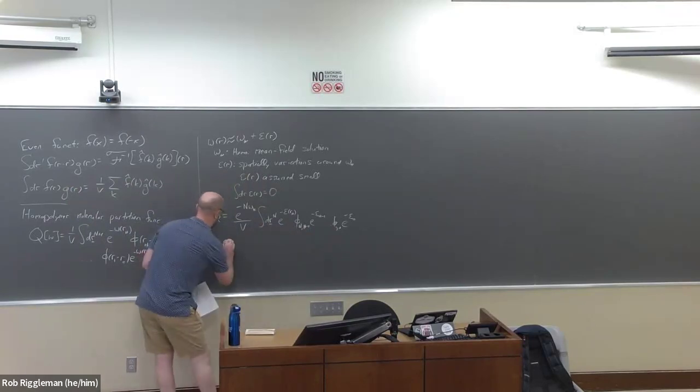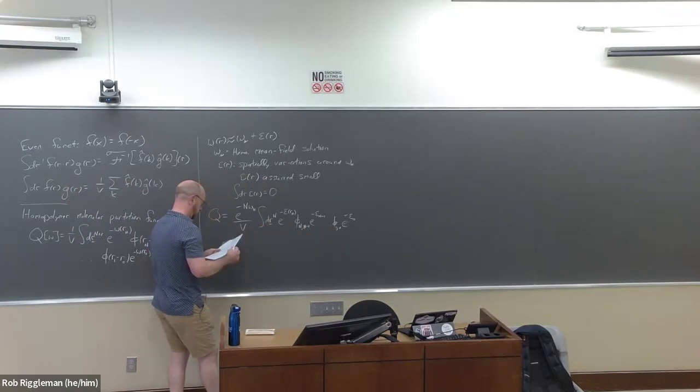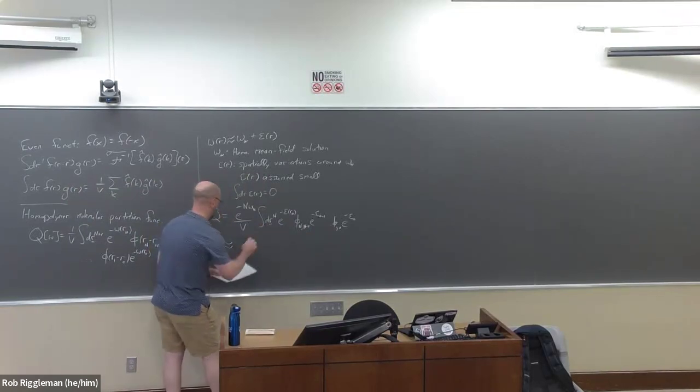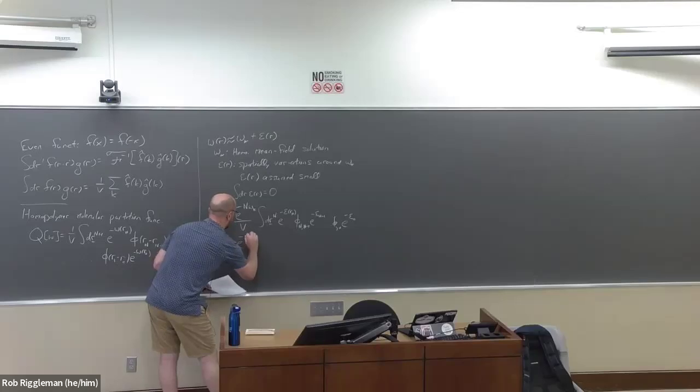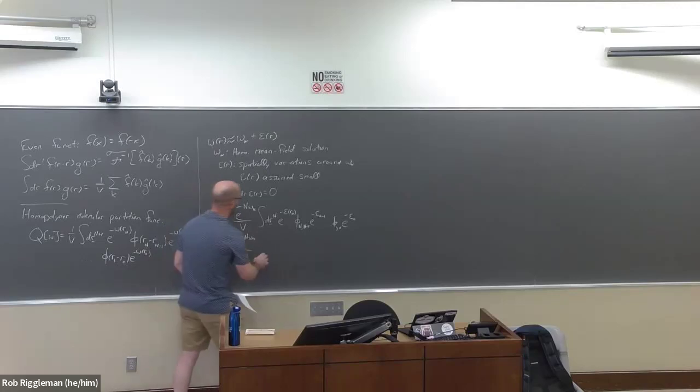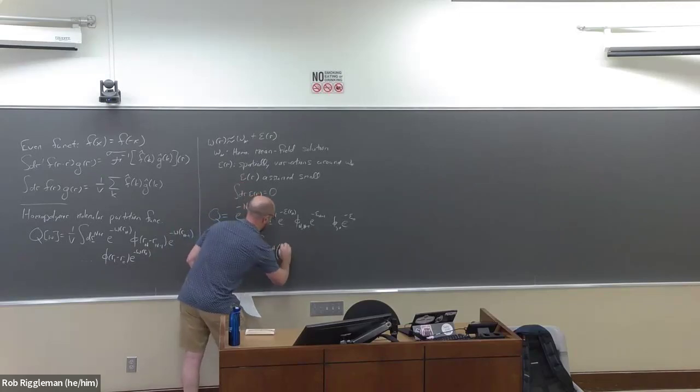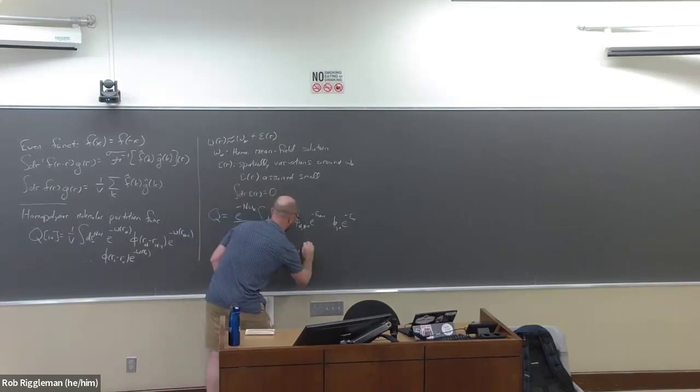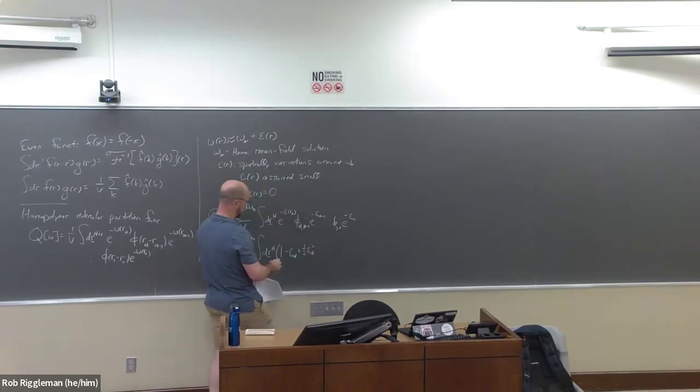All right, so this is going to be, and I won't write out a ton of them, obviously, but this thing over V, integral dr to the n, and then this guy is going to become 1 minus epsilon sub n plus 1/2 epsilon sub n squared.